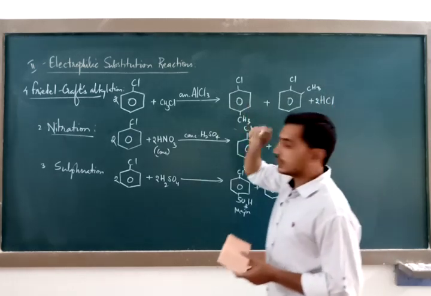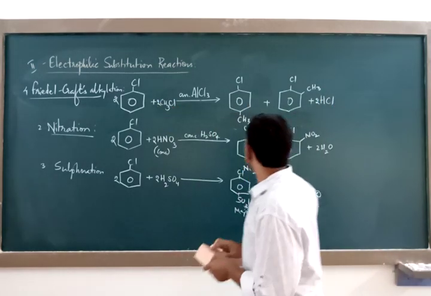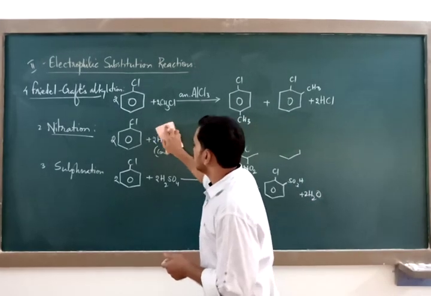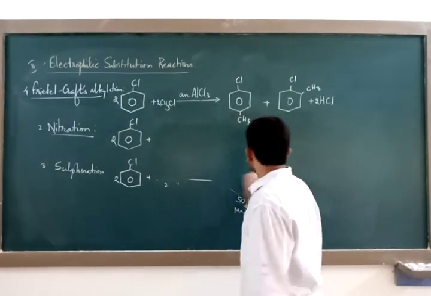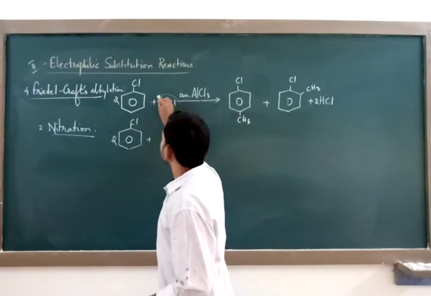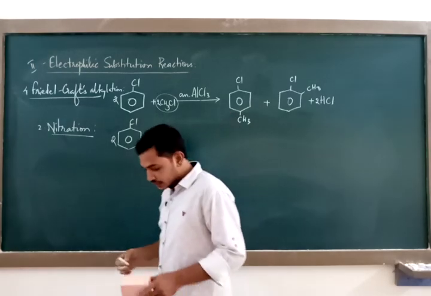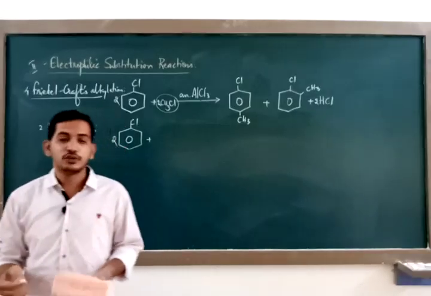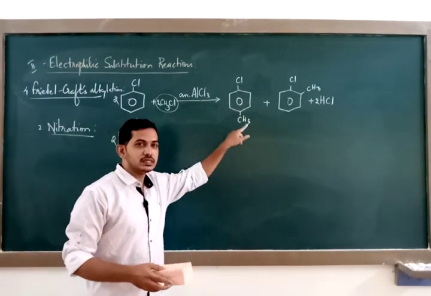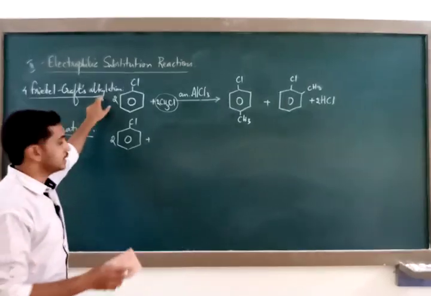The remaining is same. You have one more Friedel-Crafts reaction, that is called Friedel-Crafts acylation. If you use methyl chloride, if your intention is to incorporate methyl group or alkyl group in the benzene ring, then it is alkylation.